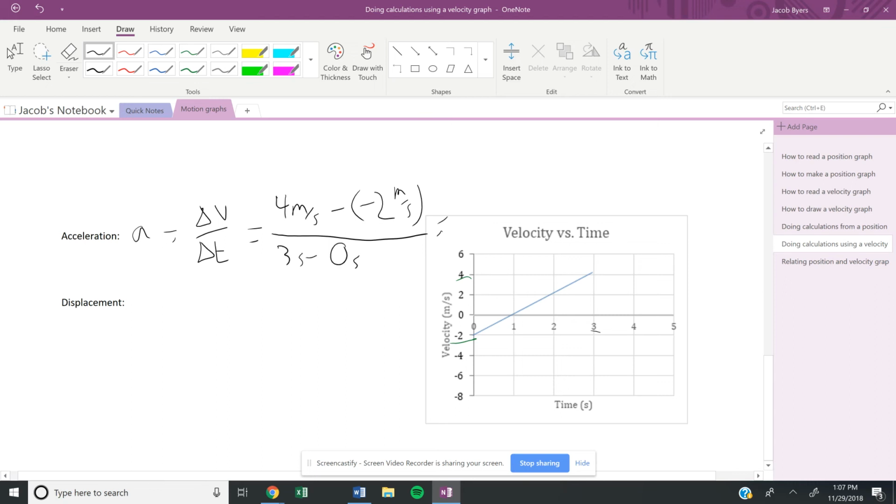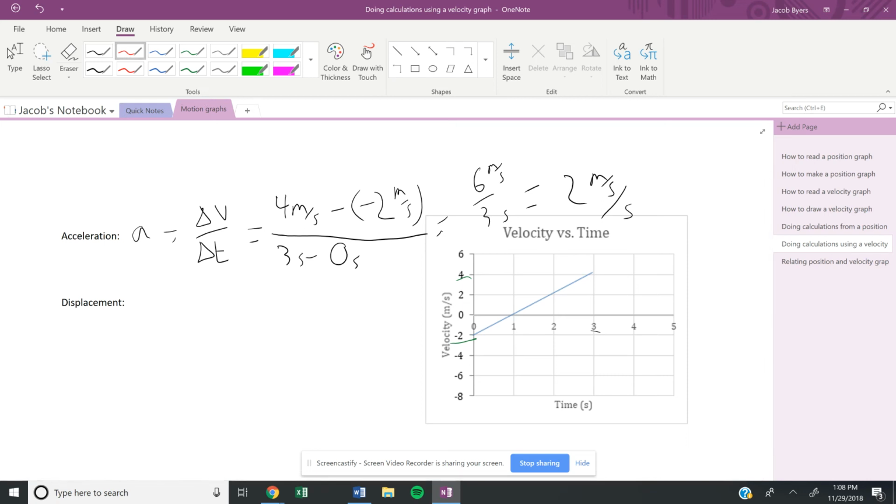Okay, so that gives me 6 over 3 meters per second over seconds, gives me an acceleration of 2 meters per second squared, which means every second we were traveling, the velocity increases 2 meters per second. It's constant acceleration because my slope here is constant, so it's not changing. My velocity, however, is increasing because my acceleration is 2.